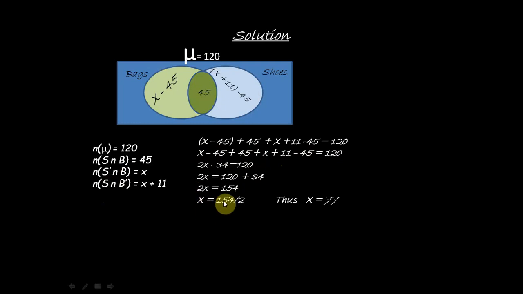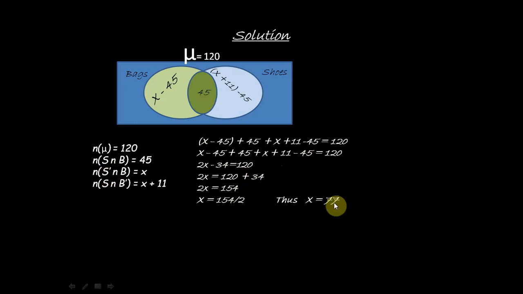X becomes 154 over 2, and that gives us a final answer of 77 customers that bought bags and did not buy shoes. Here it is, because our x is equivalent to 77.